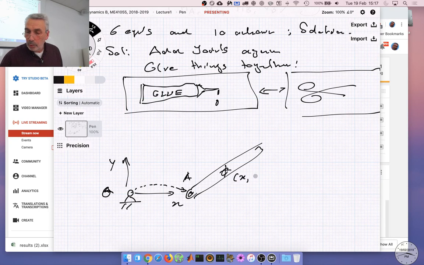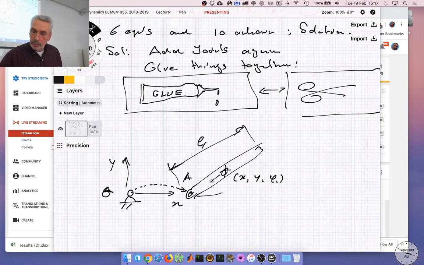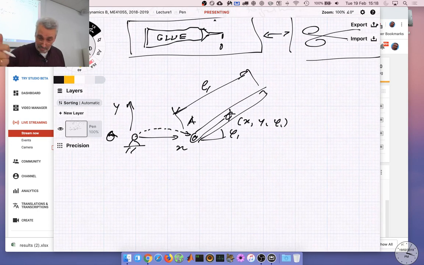The things we have are the coordinates of the center of mass, that's our variables. And we have dimensions, a length here, L1, and of course this angle, phi 1. So given these things, how can we say that point A should be here? We just write down the coordinate XA.